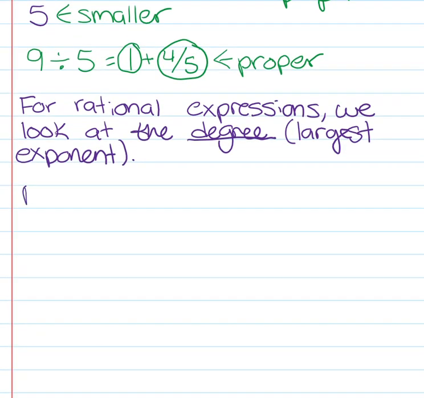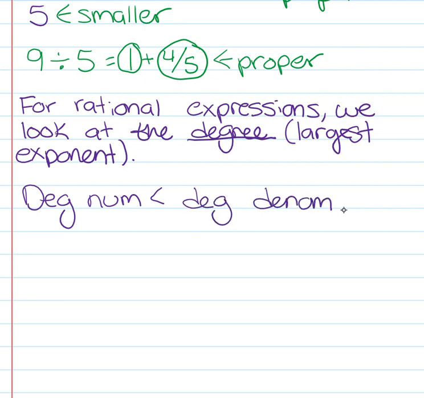If the degree of the numerator is less than the degree of the denominator, the fraction is proper. So we are going to look at 3 examples of just saying, is this proper or improper?